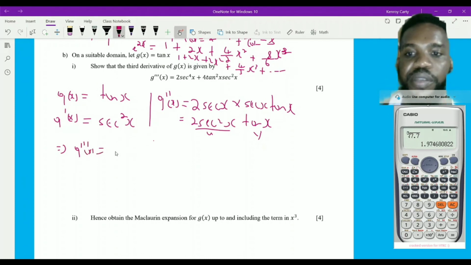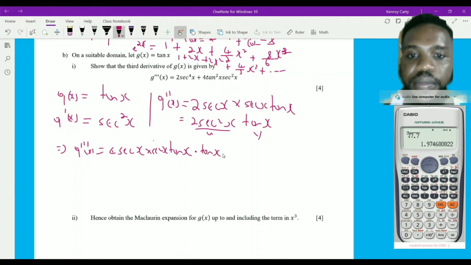I'm going to have to bring the power to the front, which makes it 4 sec x. Alright, I subtract 1 from the power, and then I'm going to multiply by the differential of sec x, which is sec x tan x. I didn't have to do it because I did that already. Alright, and of course, you multiply now by v, which is tan x, plus you differentiate tan x, which is going to give you sec squared x, and you multiply by the first function, which is 2 sec squared x. So times 2 sec squared x.